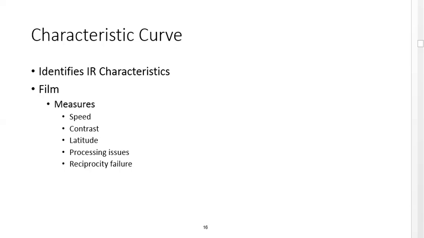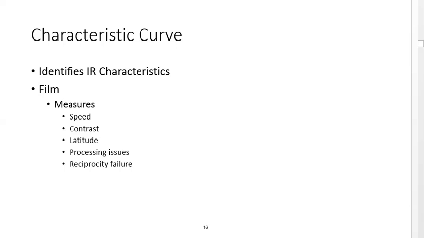If it's very horizontal, then you're looking at low contrast. Remembering that contrast and latitude are inversely proportional. If you're looking at a high contrast curve, that would be one that's very vertical. That's going to be low latitude, as opposed to one that's very horizontal, that's low contrast.